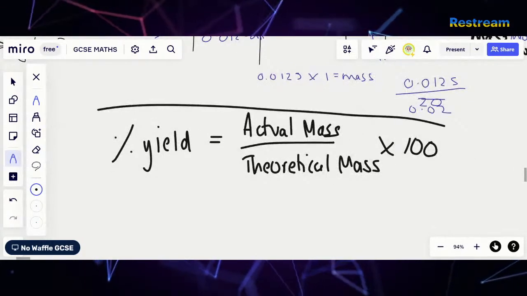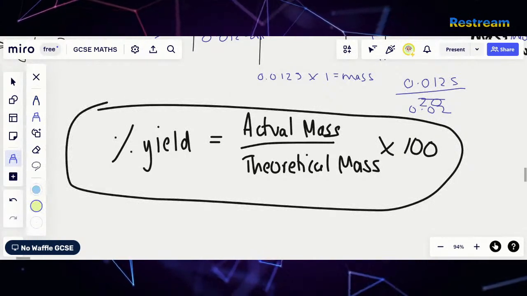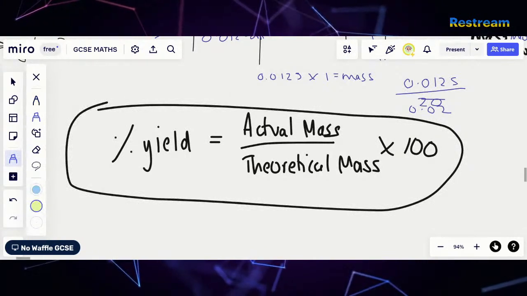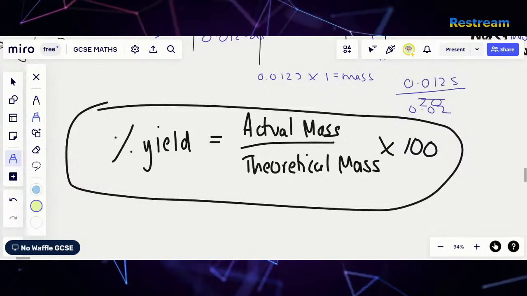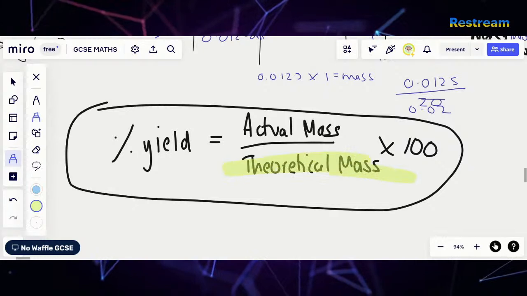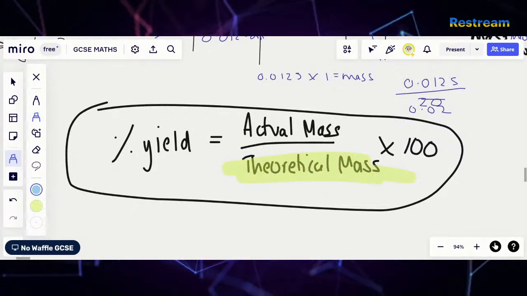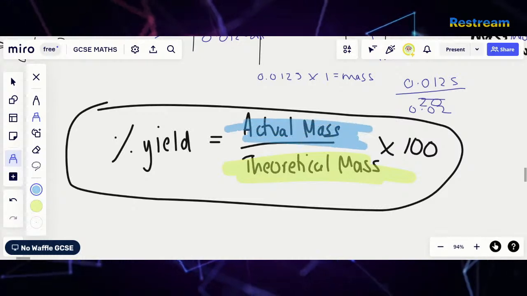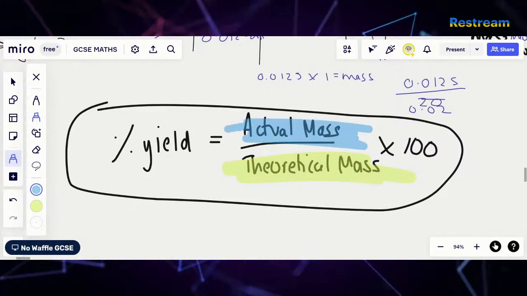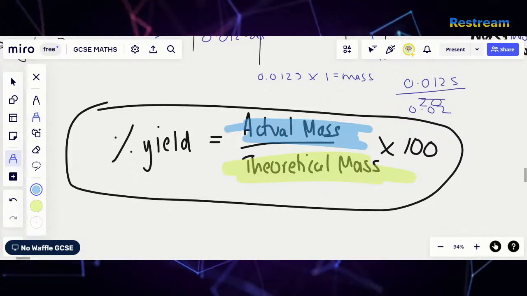If you were to actually carry out an experiment, some mass would be wasted because it's not going to be carried out perfectly. There will be some human error. The theoretical mass is the calculated mass of what you would receive, and your actual mass is what you got in your physical experiment. You times by 100 and you'll normally get a percentage of how well you did.